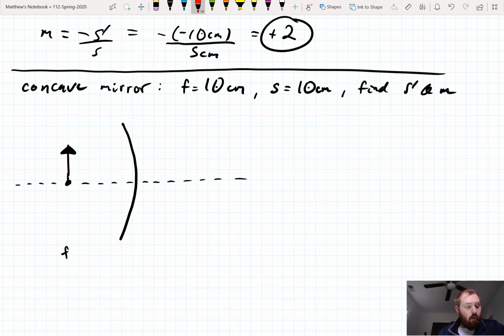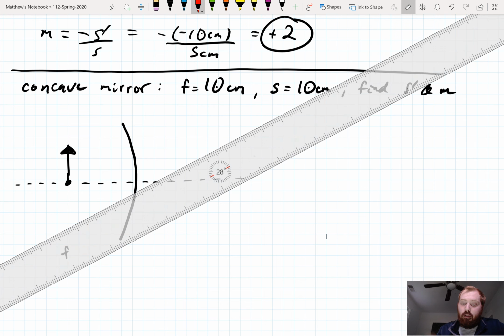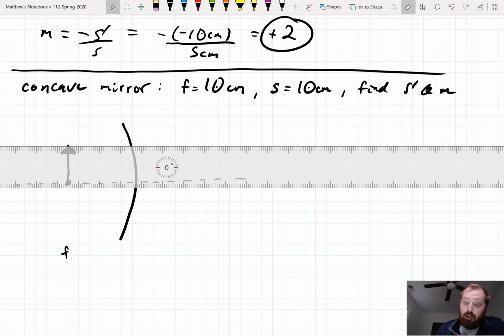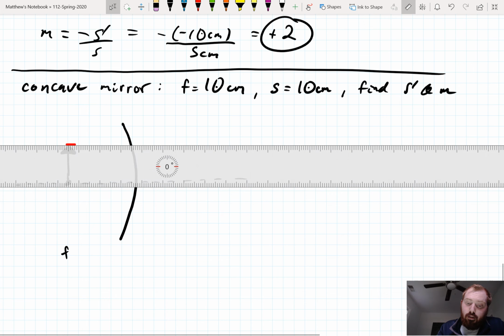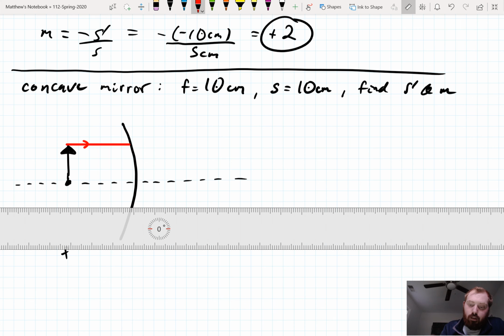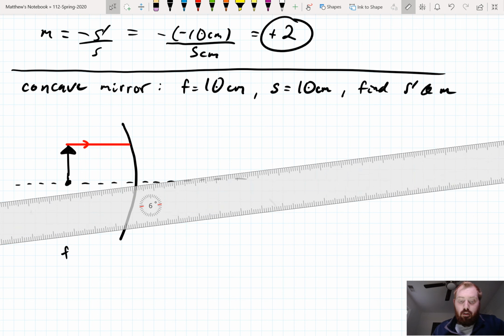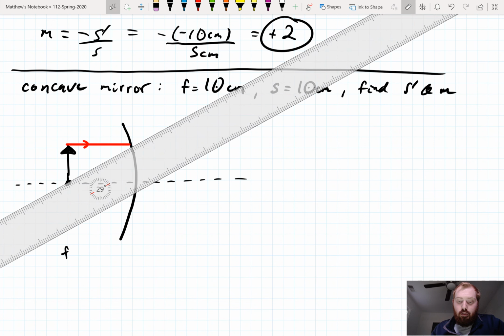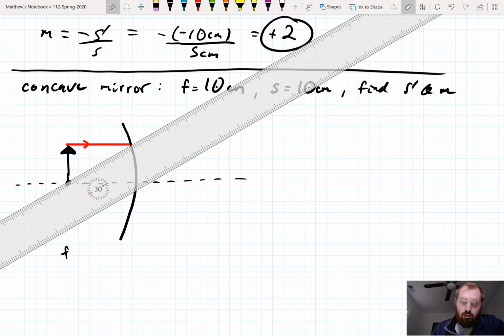One ray I'll use is the one that goes parallel to the optical axis. Bam. And that has to reflect through the focal point. It's going to be about 30 degrees with this drawing.